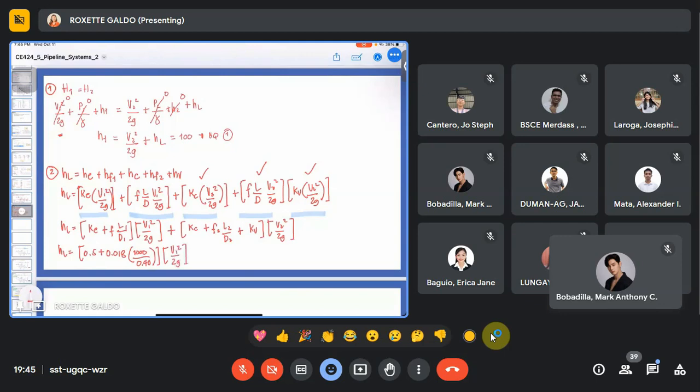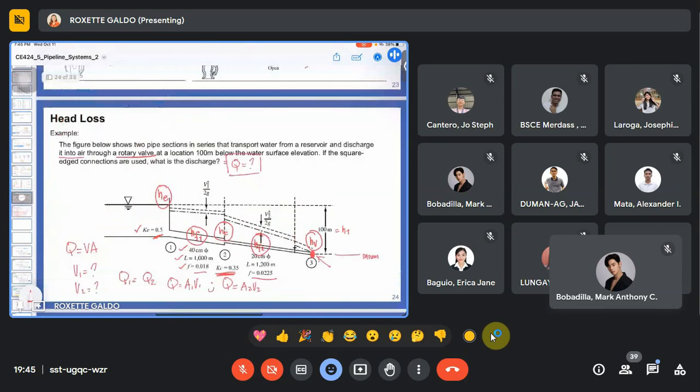Now let us go to the second term. KC is 0.35. Frictional coefficient for pipe 2 is 0.0225. Length is 1,200. Diameter is 20 centimeters. And KV is 10 because it's a rotary valve.